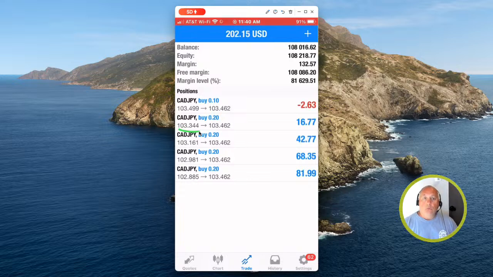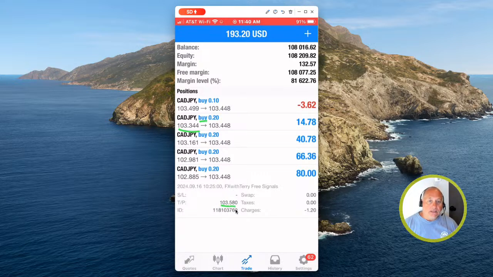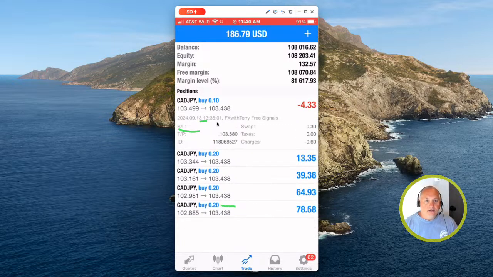What's crucial is that you enter, obviously, the currency pair, obviously the direction, and if I click this bottom one here, update your take profit. Now, the take profit 103.580 has updated since the first trade. But if I open the first trade, it's at the same 103.580.